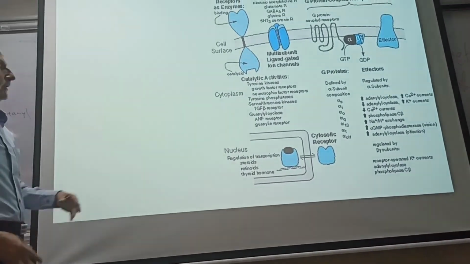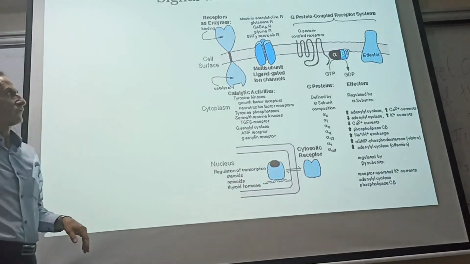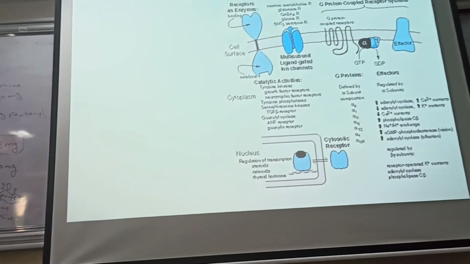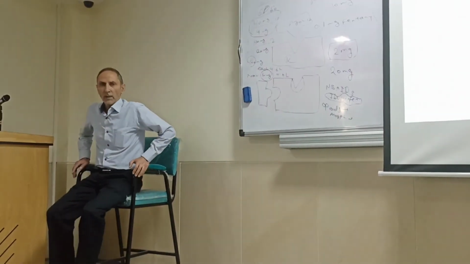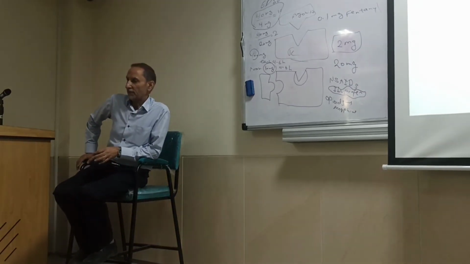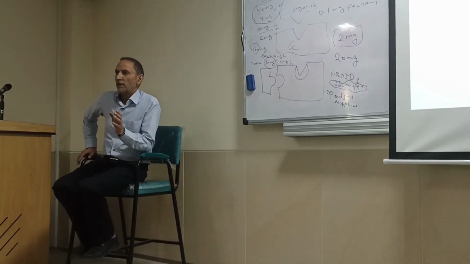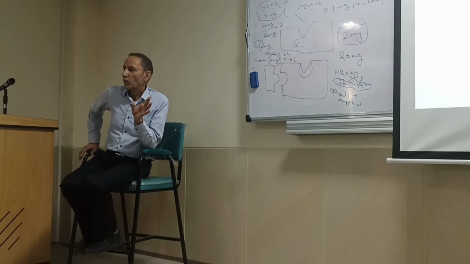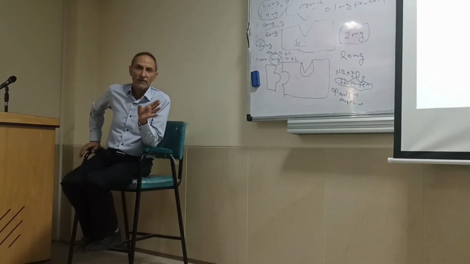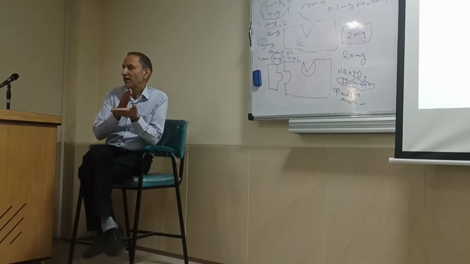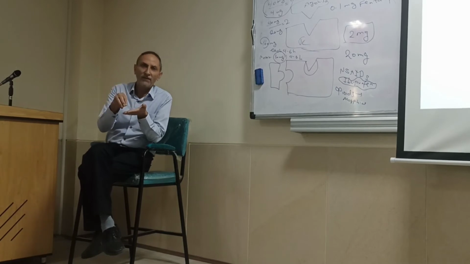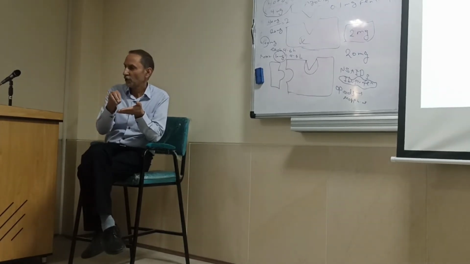For some other receptors, we also have ion-gated channels. Do you know GABA? Gamma amino butyric acid. GABA has receptors, and receptors of GABA are chloride channels. So, when GABA binds with receptors, then we have opening of the chloride channel.